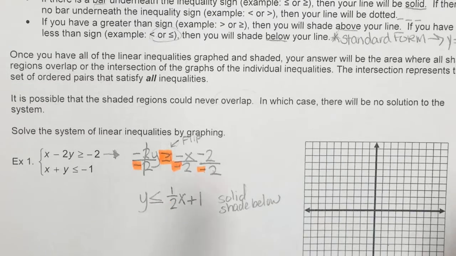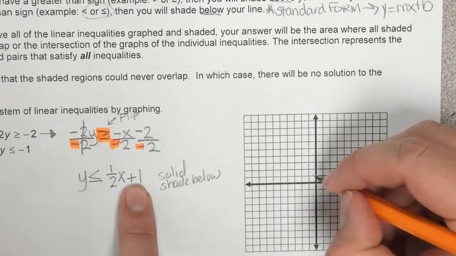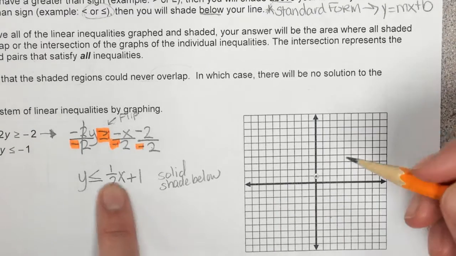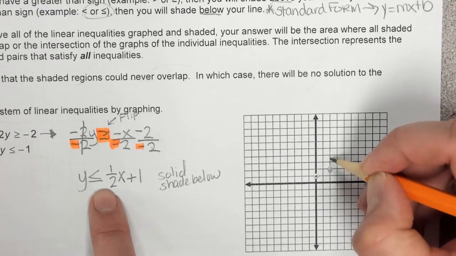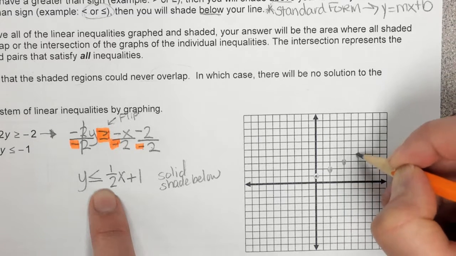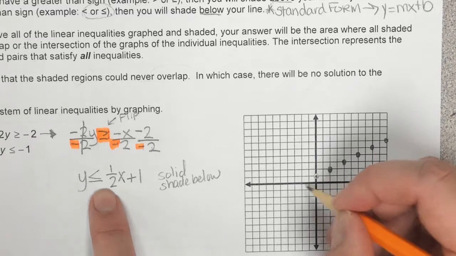Okay? So I come over here, y-intercept of 1, slope of 1/2, so up 1, right 2. Down 1, left 2.